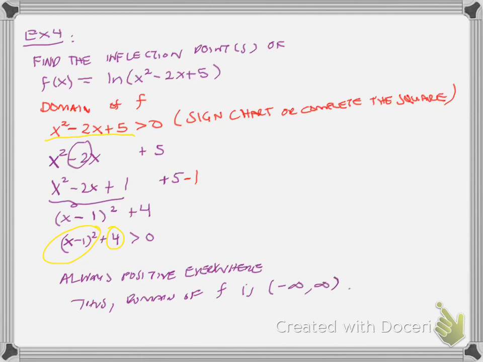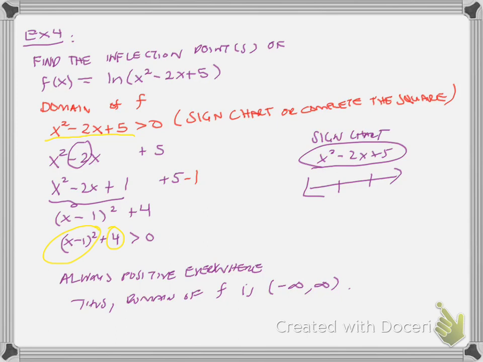All right, so I gave you this. Now, you also could have done a sign chart: taken x squared minus 2x plus 5, found the zeros, did it on a sign chart, and tested the numbers. The reason I wanted to show you the other method is that this doesn't factor nicely, so you would have to use the quadratic formula to find your zeros for the sign chart, and that would take a little extra work.